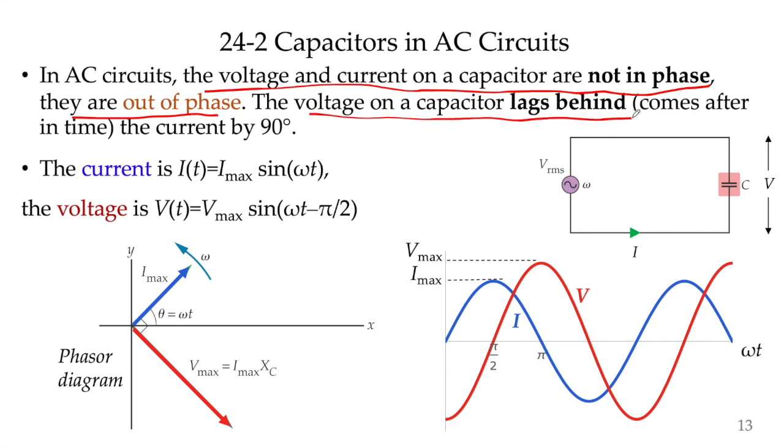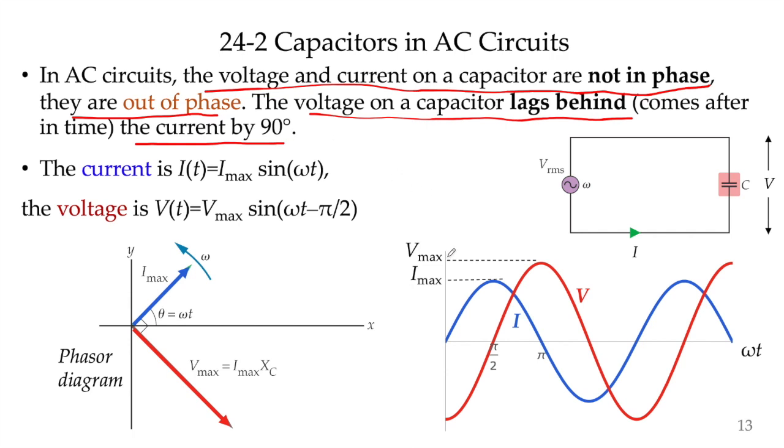Remember, I used this word a couple of slides ago with sine waves. The voltage lags behind, meaning it comes later in time than the current, by 90 degrees. You have to memorize this. If you take advanced electronic circuit theory classes, you will learn why this happens. But here, you're just going to take it as given.